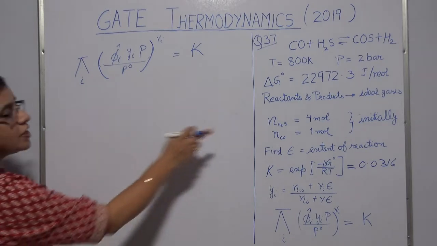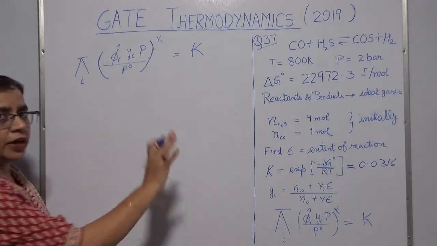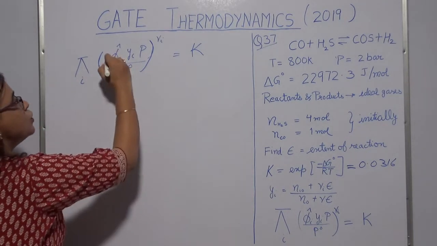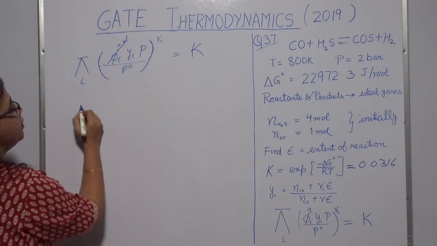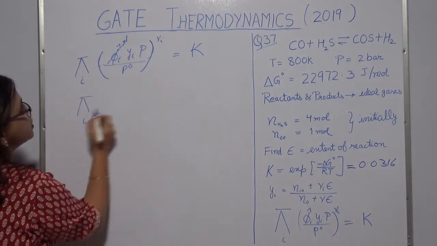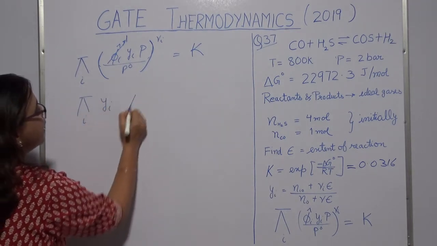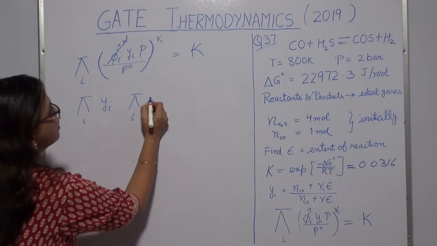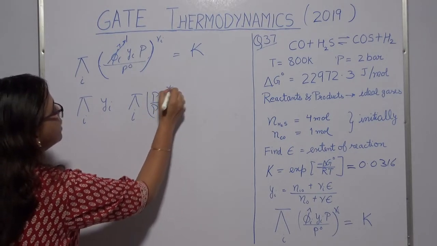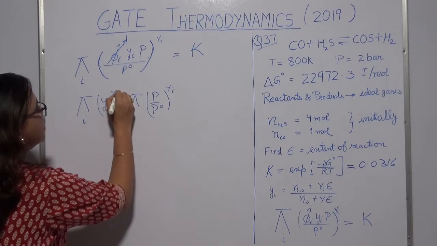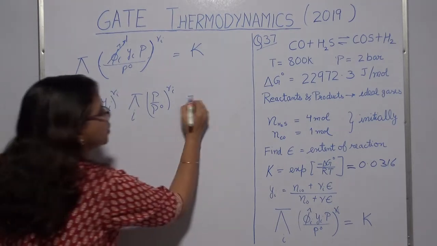Now they have said that both reactants and products behave as ideal gases. So the phi_i cap term goes to unity, and I am left with only y_i P upon P naught. Let's separate these two terms. So y_i raised to nu_i, and P upon P naught also raised to nu_i, that is equal to K.